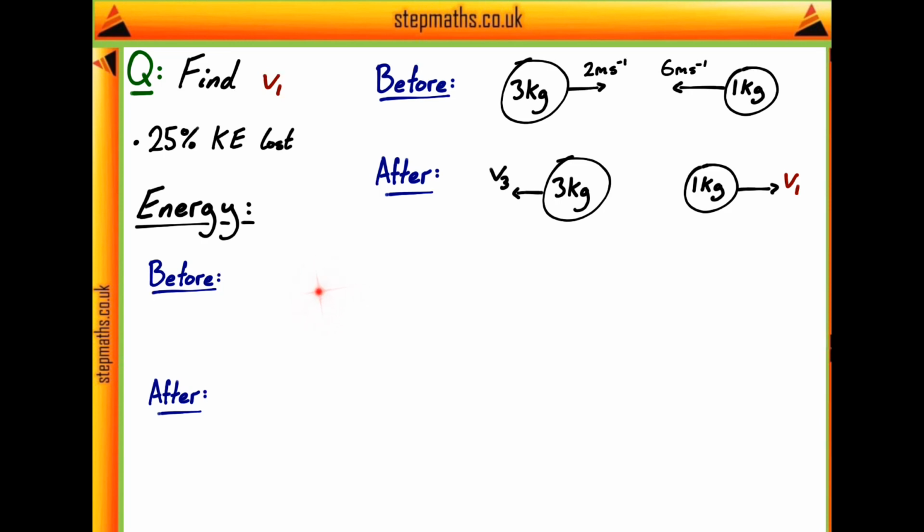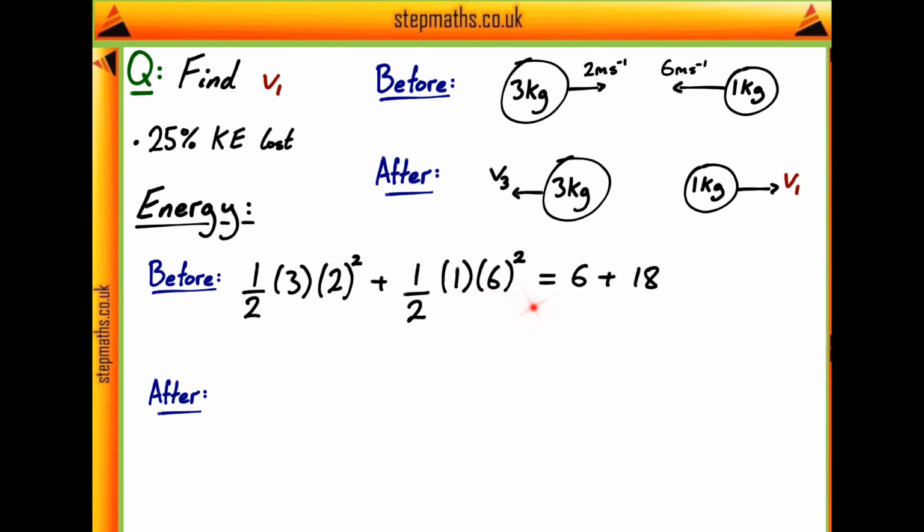So the total energy is going to be these two kinetic energies added together, where a half multiplied by our 3 kilograms multiplied by our 2 meters per second, all squared, plus the kinetic energy of our second mass, a half multiplied by its mass, 1 kilogram, multiplied by its velocity, 6, squared. Going through and solving this, we find that this is just 6 joules for the 3 kilogram mass and 18 joules for the 1 kilogram mass. So we have a total kinetic energy beforehand of 24 joules.